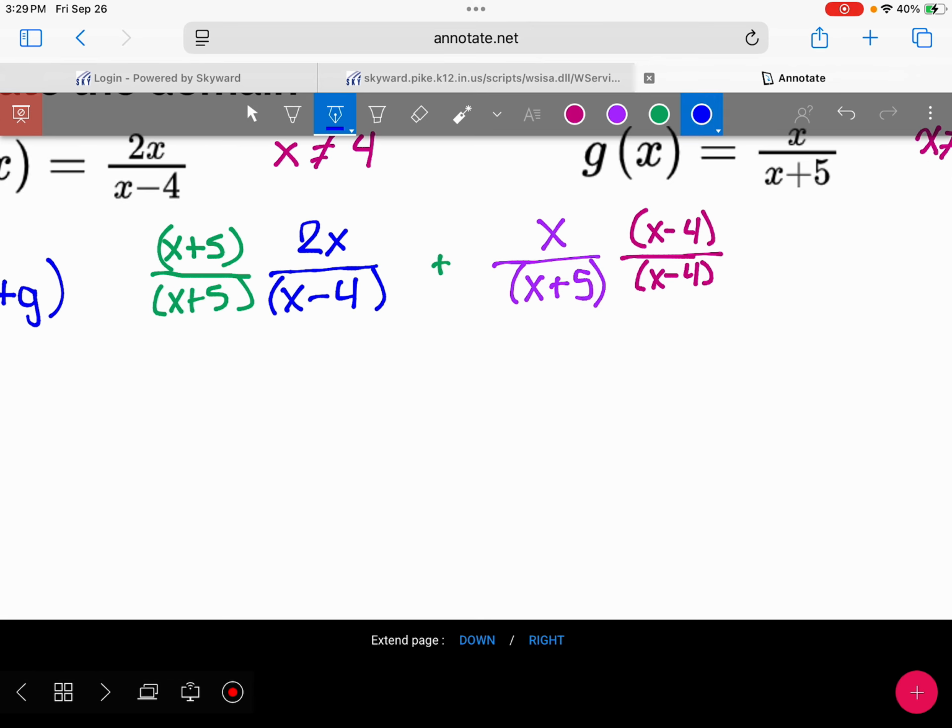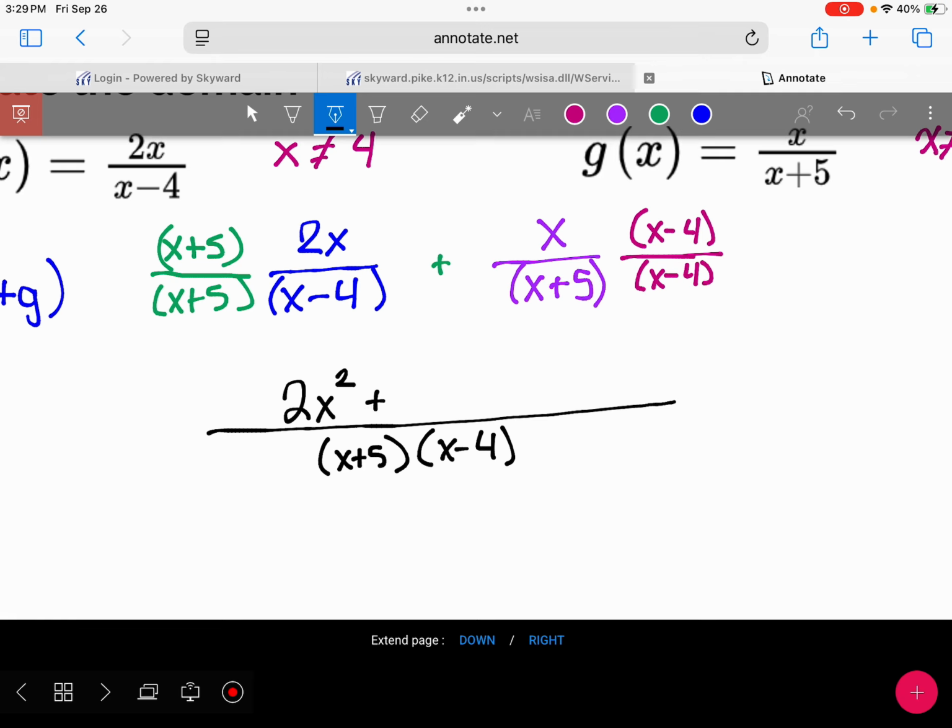So if we do that and we start combining these pieces together, what's going to happen is now I have the common denominator, x plus 5, x minus 4. And in our numerator, we're going to multiply these out a little bit. I'm going to have my x times 2x giving me 2x squared, my 2x times 5 giving us a 10x.